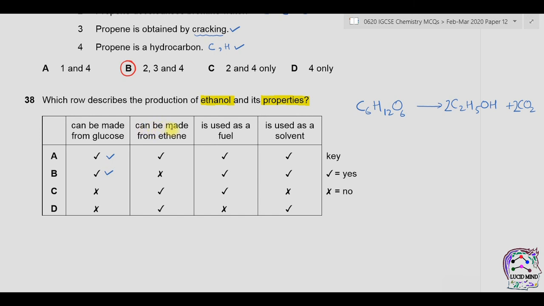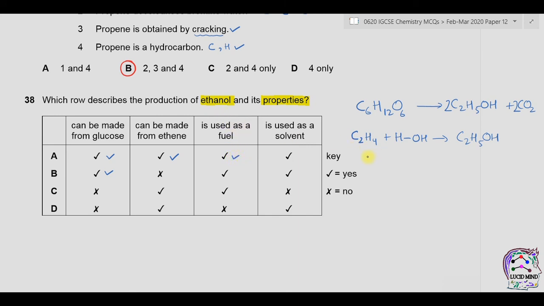Second, it can be made from ethene. Now the formula of ethene is C2H4 and it can react with steam or water to form ethanol, C2H5OH, so this is also correct. Third, it can be used as a fuel, as we know that it can be used as fuel.